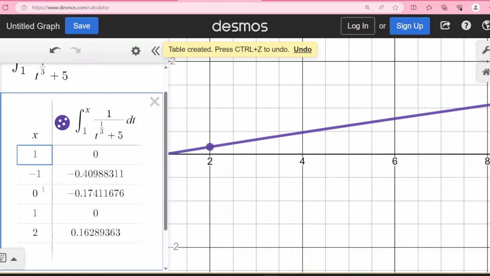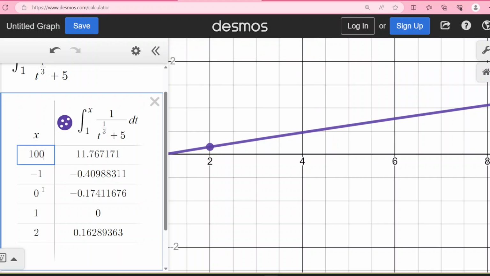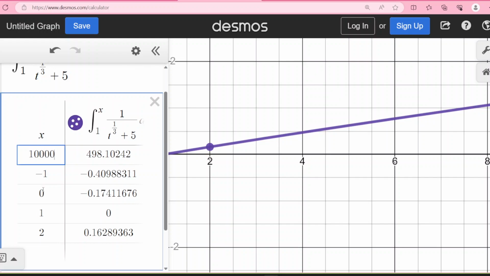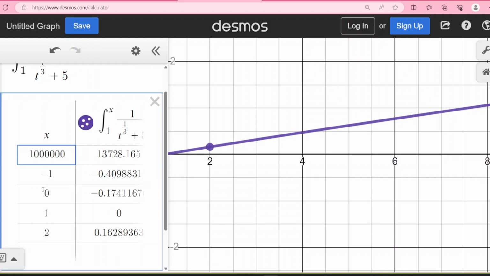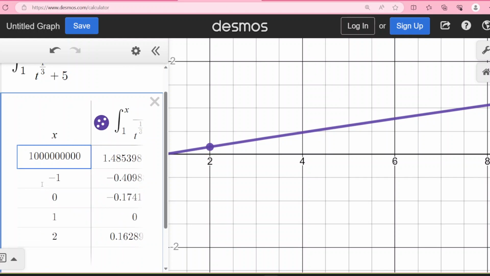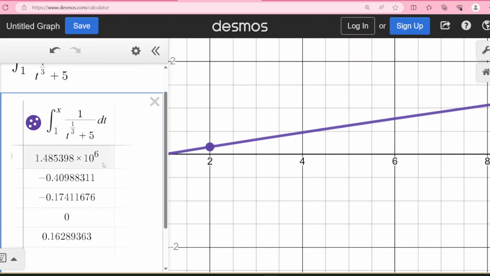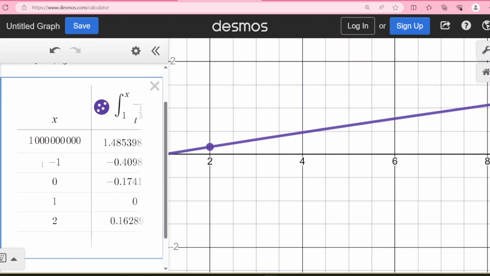So we punch in 10, 100, and the value of the integral is 11; at 1,000 it's 82; at 10,000 it's 498; 2,710 when it's 100,000. So it looks like that value is getting pretty large. This is 1.4 times 10 to the sixth, 1.4 million. So it looks like this integral is definitely diverging.